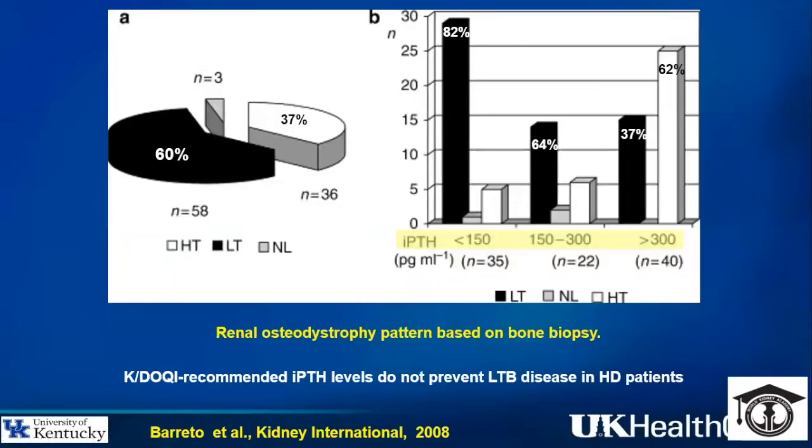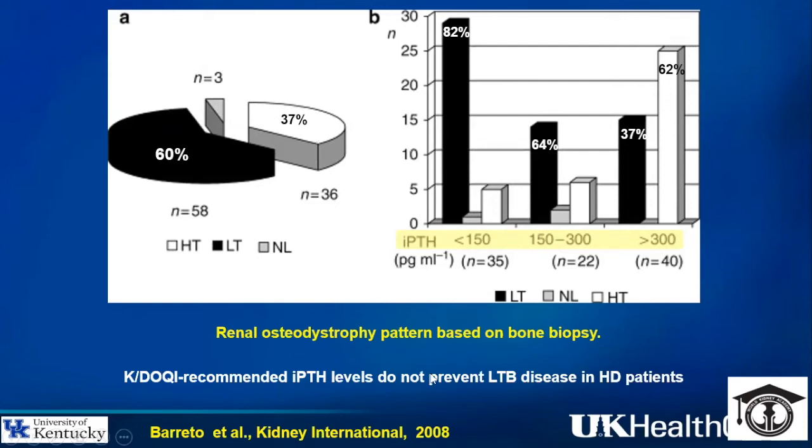In the past, more than 2-3 decades ago, we used to see more high turnover bone disease. But in the last 2 decades, most of the bone histomorphometric studies showed that we have more adynamic bone disease than high turnover bone disease, okay?